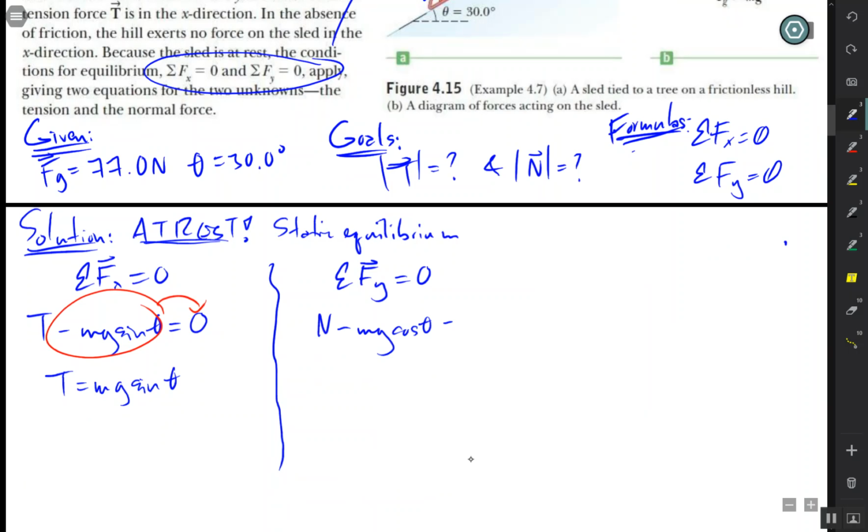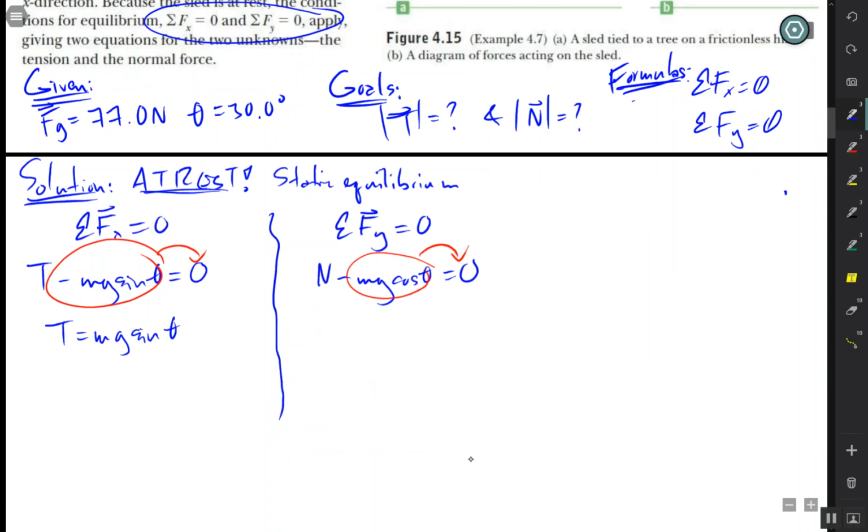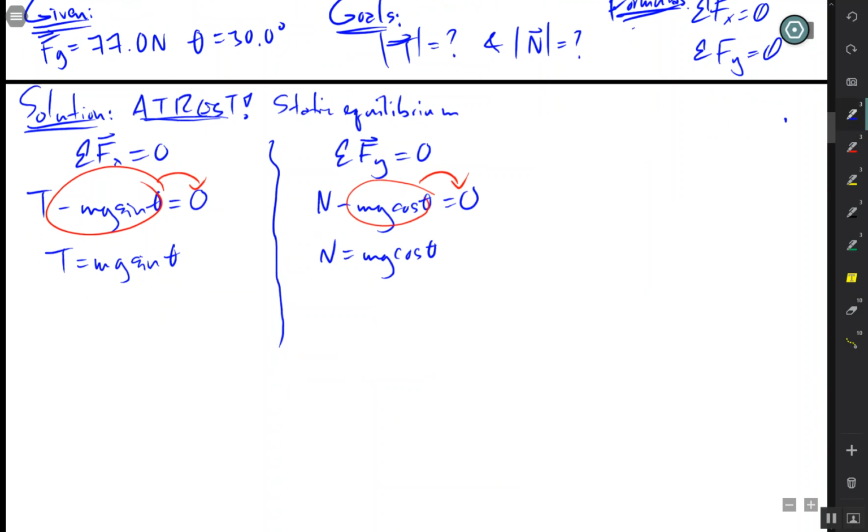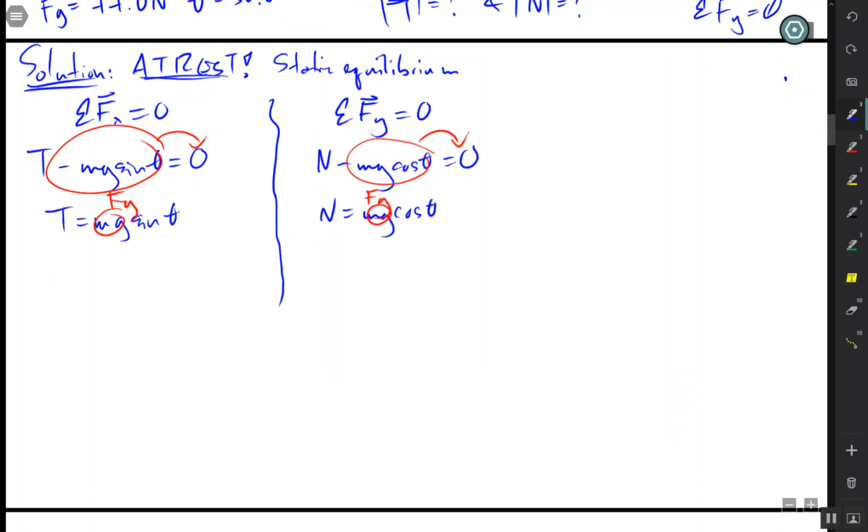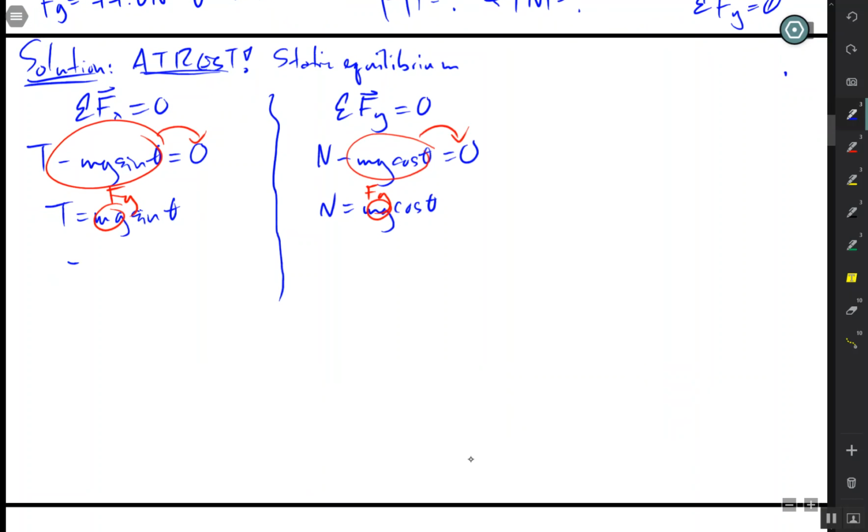Once again I'm going to take this term and move it to the other side. It's almost poetic. Even this mg here is already the weight, so you don't have to solve for the mass. You can just plug it in right here.